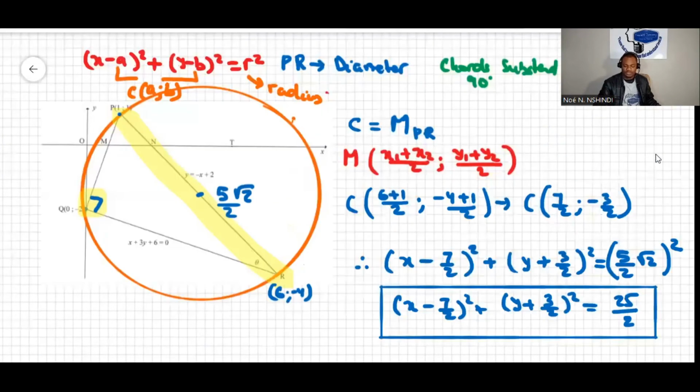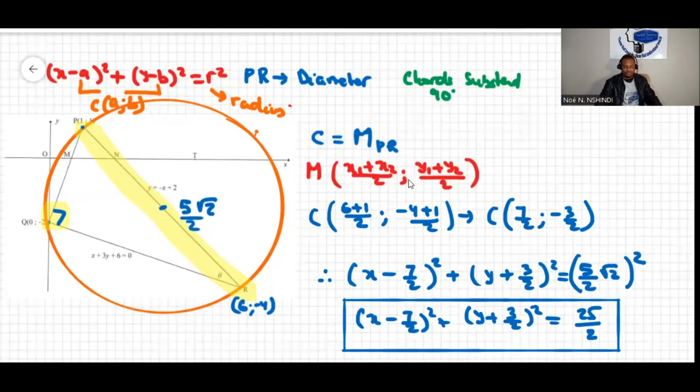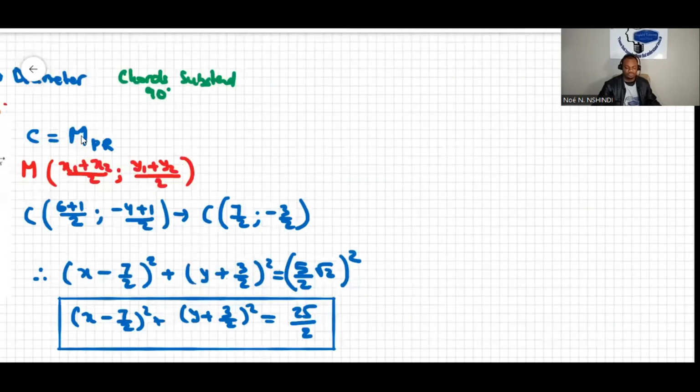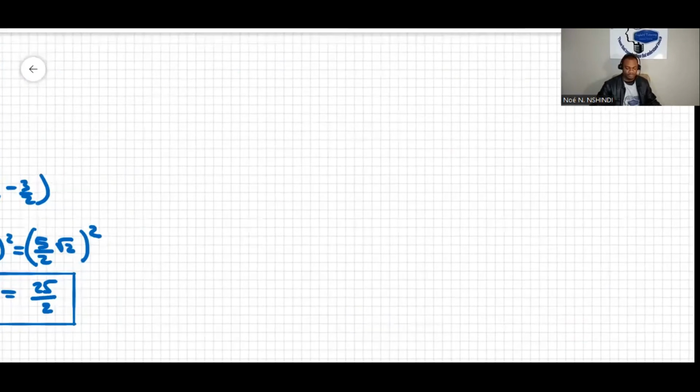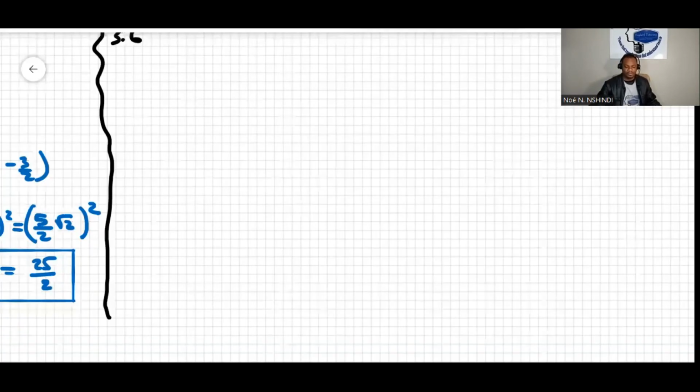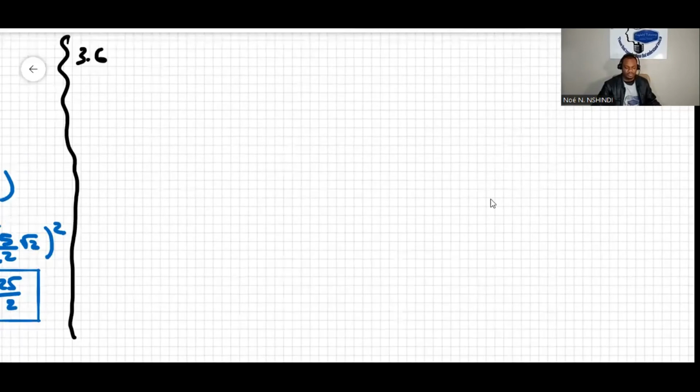So this is what you find in the previous question 3.5. That's the circle passing through the points P, Q, R. Now we want the equation of the tangents that pass through the point P. So in this situation, let's just do it over here, question 3.6.